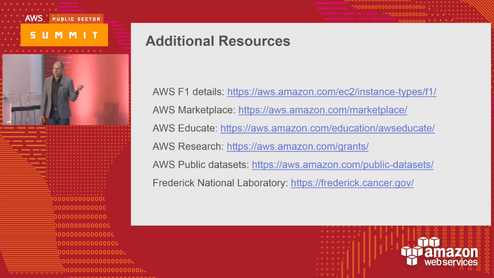And then AWS Research, which is more of a grants type of a program, right? So if you have an interesting project, you want to request some funding for that, put in a grant proposal, there's a process for that on the AWS Research page.